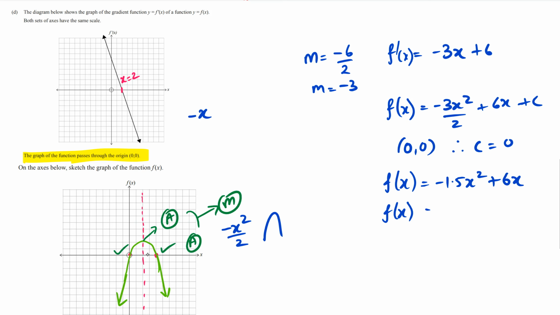I can take the negative 1.5 out as a common factor, and I'm going to get x minus 4. And so you can see where that x minus 4 comes in, and then your 0 is there. And of course, you can find out what the actual turning point is by putting in f of 2. But again, that's not what you're expected to do in this question. You're just expected to draw a diagram. But I just wanted to show you guys how to do that anyway.